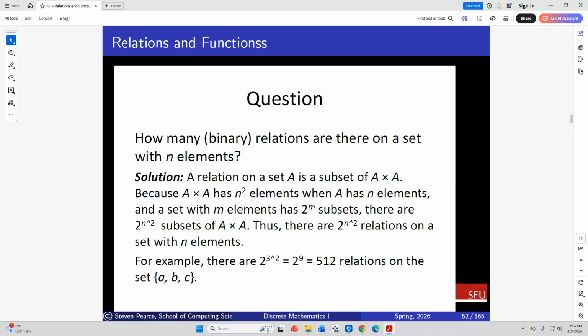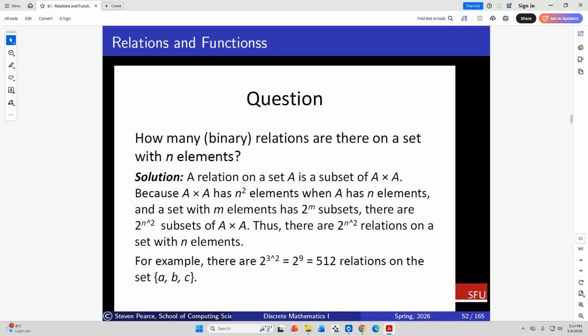And now the power set is 2 to the cardinality of the set that you're dealing with, that's n squared in this case. So how many binary relations are there on a set with n elements? The answer is 2 to the n squared.